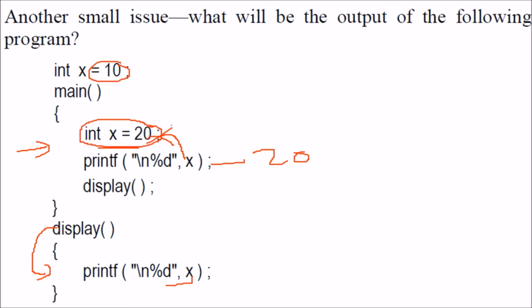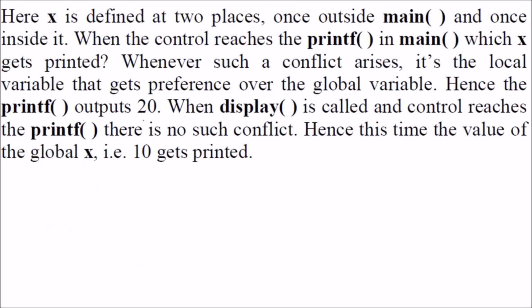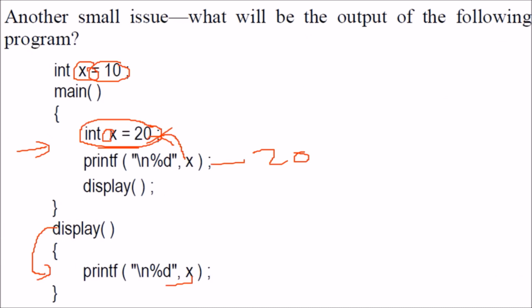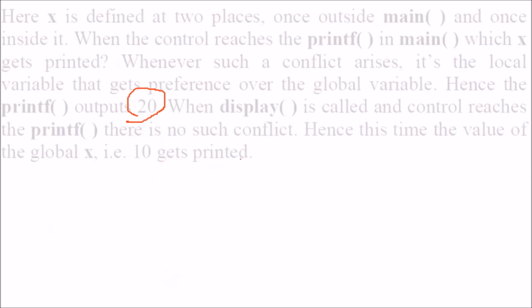This will be taking preference. So there is a conflict here, as we have x as 20 and x is equal to 10. This conflict will be resolved inside this function by taking the local variable's value. And because there is no conflict outside, x is defined already as 10, so 10 will be printed. This is how it is done.